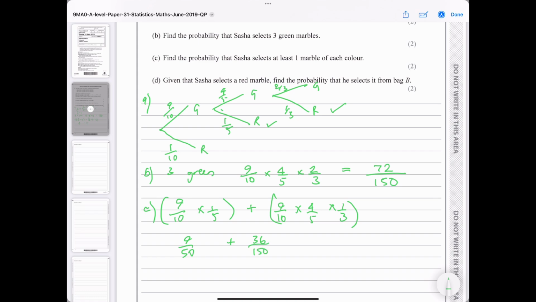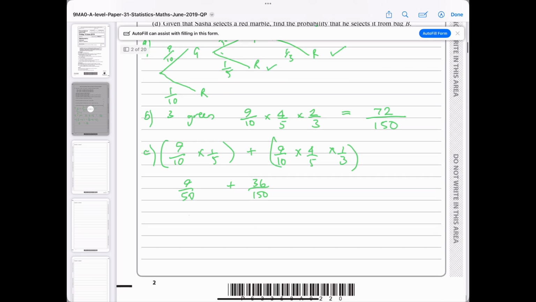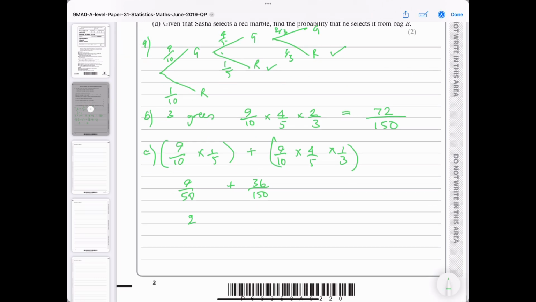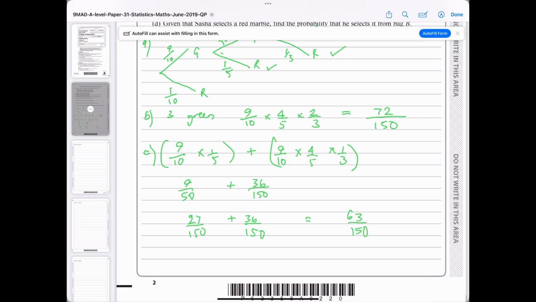I realise I could just do this in a calculator, so that would be 27 over 150 plus 36 over 150, which would be 63. There we go, and it's just 21 over 50, but we won't worry about that.